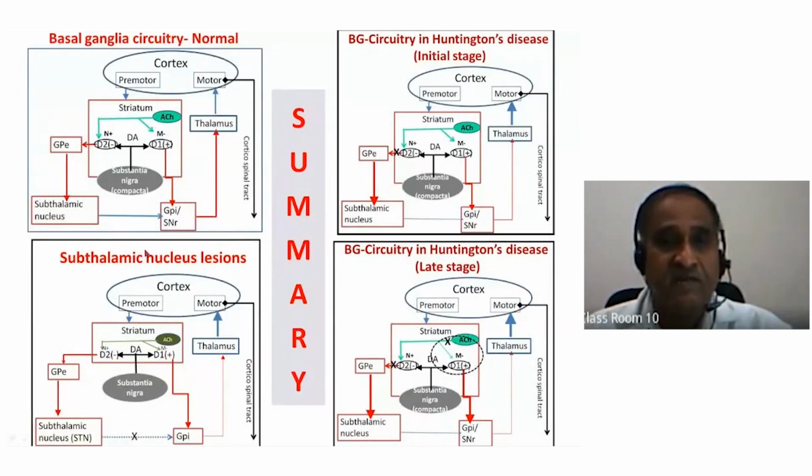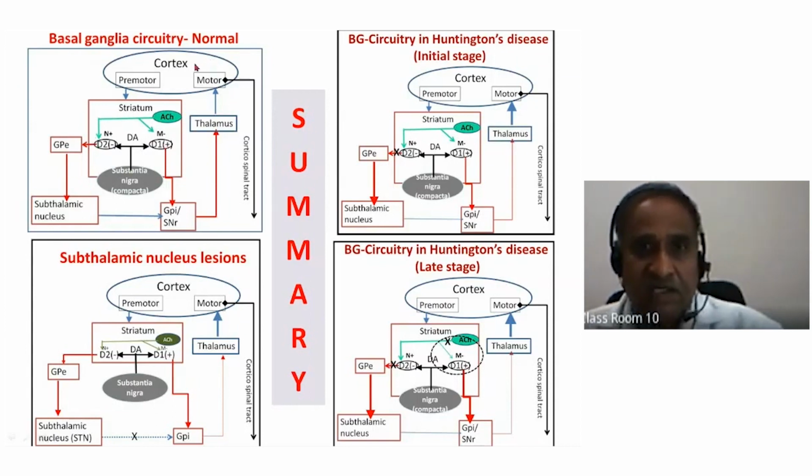This is an indirect path. The direct path has D1 receptors and D2 receptors. The dopamine comes from the nigrostriatal tract. This is the nigrostriatal tract. And we have the intrastriatal cholinergic system, which modulates these dopaminergic receptors. This is a normal basal ganglia circuit.